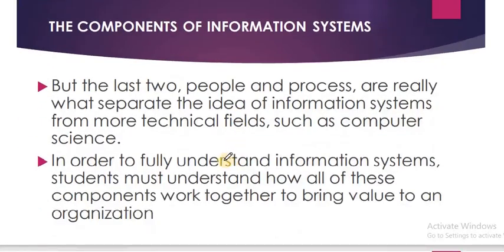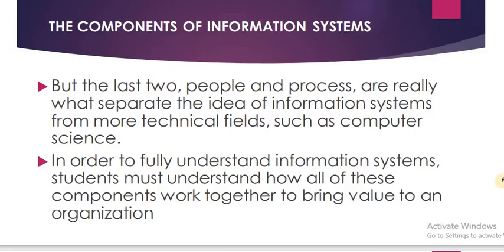But the last 2, which I just talked about, the people and the process, are really what separate the idea of information systems from more technical fields, like computer science.